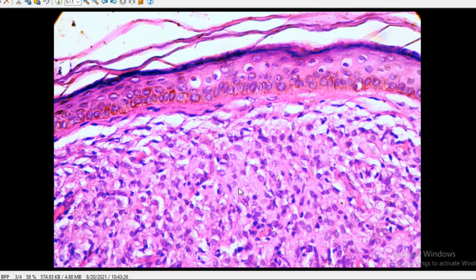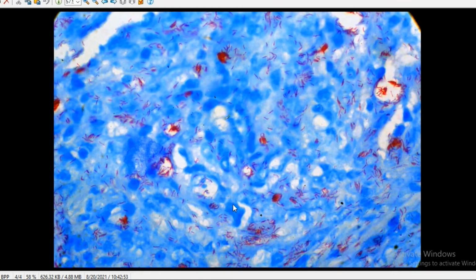And much more histiocytic cells, more in number than the fibrocytes. It's more of a histiocytic proliferation. The cells are much more epithelioid rather than spindle-shaped cells. Epithelioid means slipper-shaped cells and more vesicular nuclei. And obviously, if you do a Fite-Faraco stain, you see numerous acid-fast bacilli.